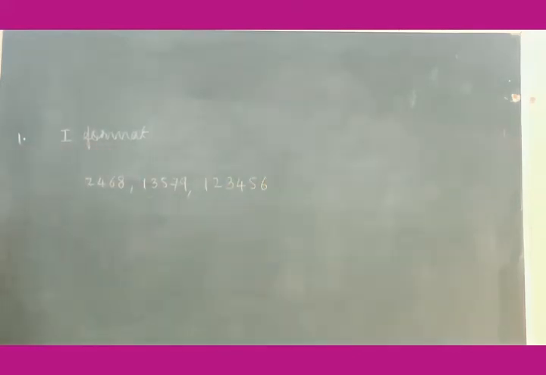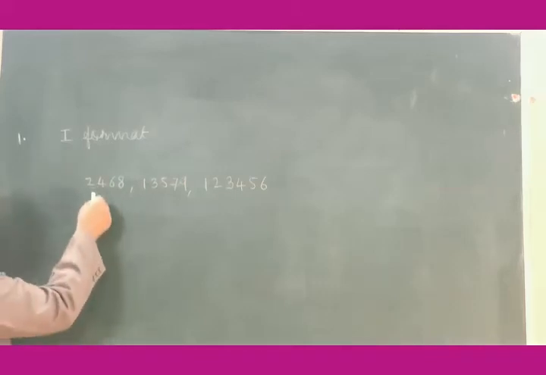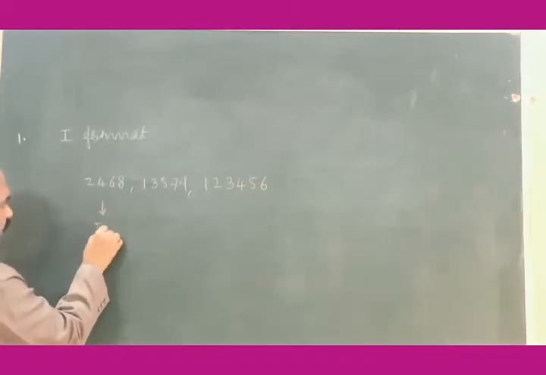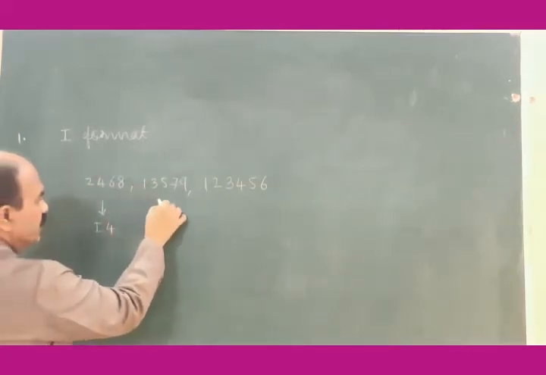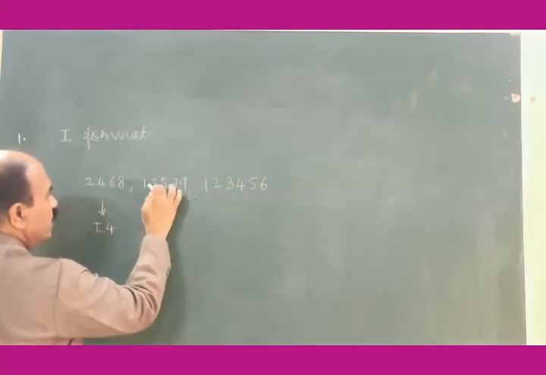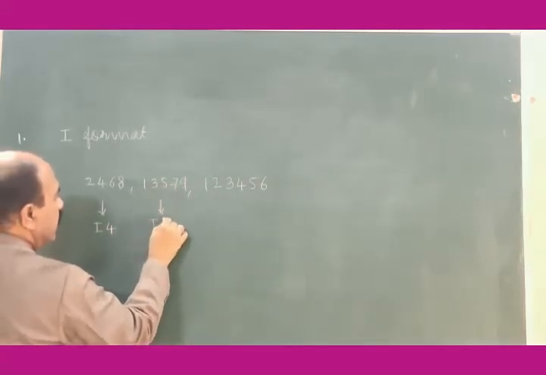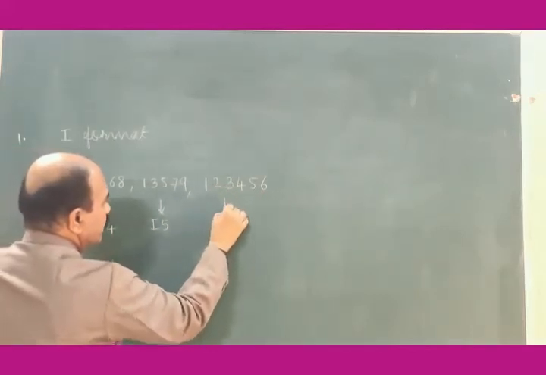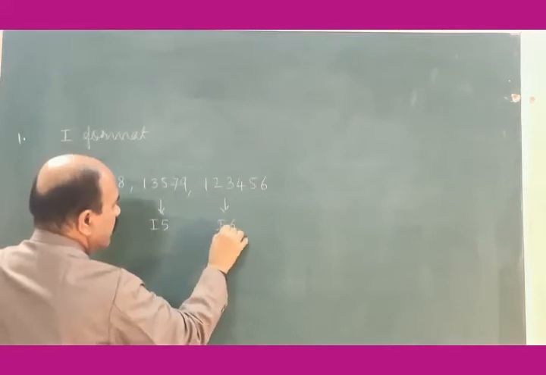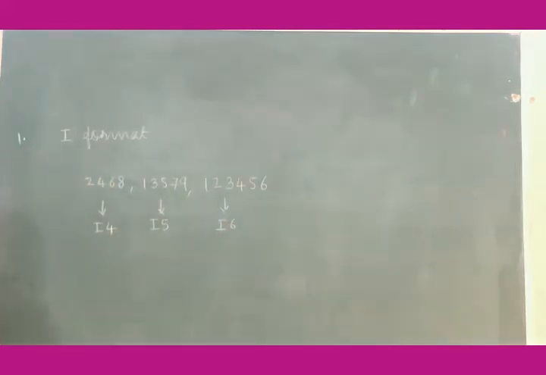Third data item, it is also an integer, and you have to specify these data items using I format. For this, the format used is I4, 1, 2, 3, 4. For this, the format used is 1, 2, 3, 4, 5, I5. For this, 1, 2, 3, 4, 5, 6. The format used is I6.